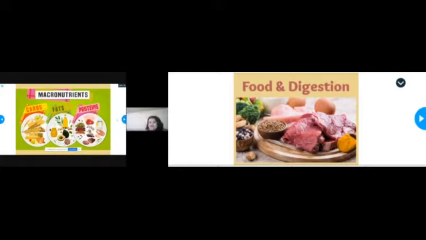This slide tells you about macronutrients. There are three basic macronutrients: carbs, fats, and proteins. And all these three macronutrients supply you with energy. Let me share a fun fact with you. All of you might have heard the word calories.